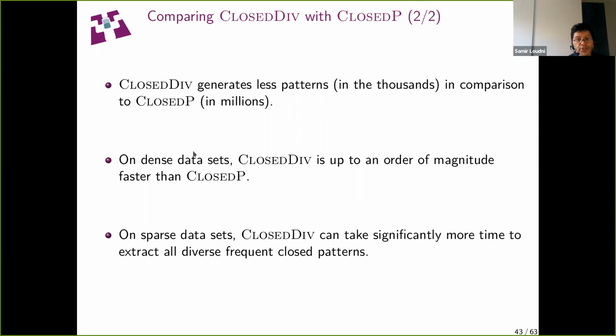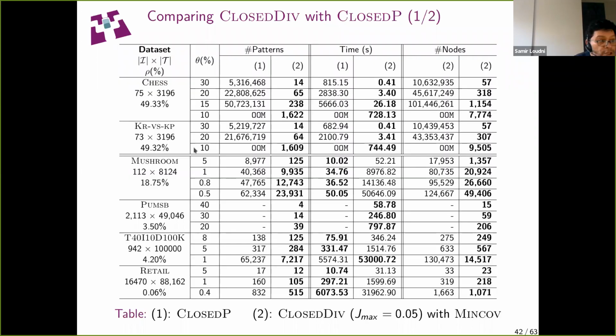So if we consider the runtime, closed diversity exhibits different behaviors. If we consider dense data sets, we can see that closed diversity is much more efficient than closed pattern, up to 3 orders of magnitude faster.